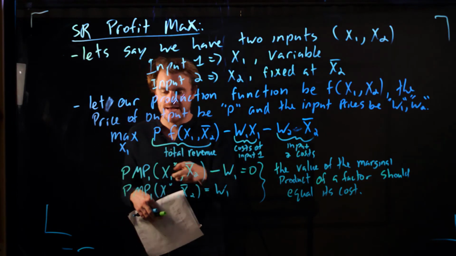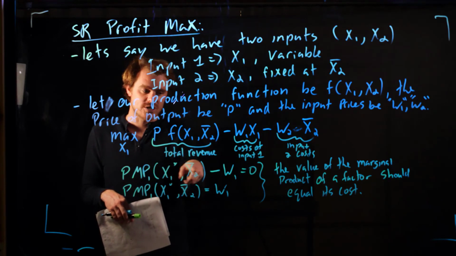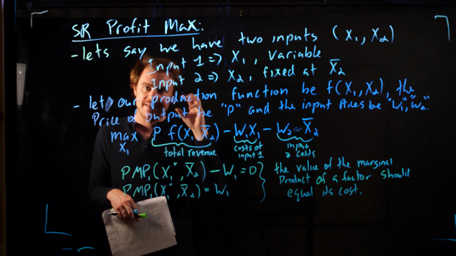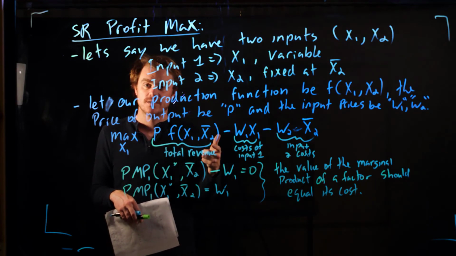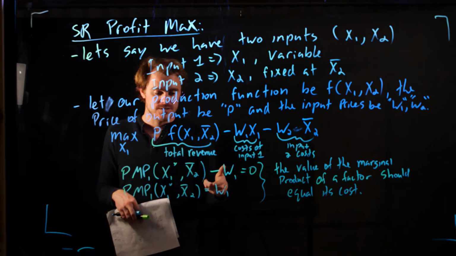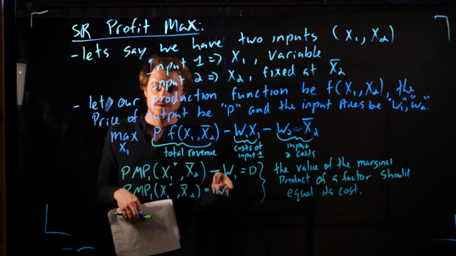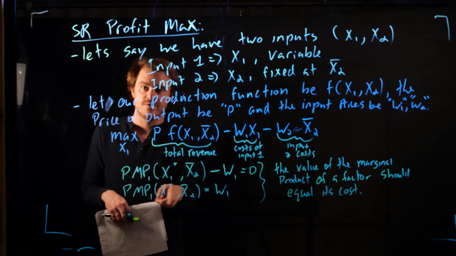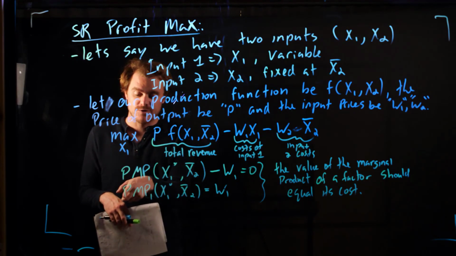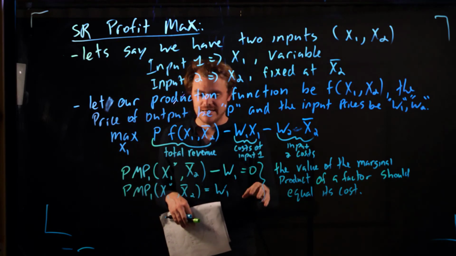And the cost of hiring that person for the extra hour is the price of that input. At the profit maximizing amount of inputs, the cost of hiring that person for the extra hour should equal the revenue we get from their production for the extra hour, which is the price times the marginal product. So that's our maximization criteria.